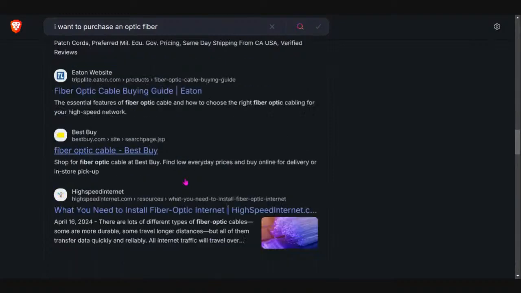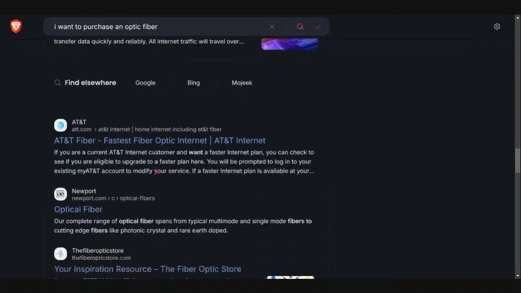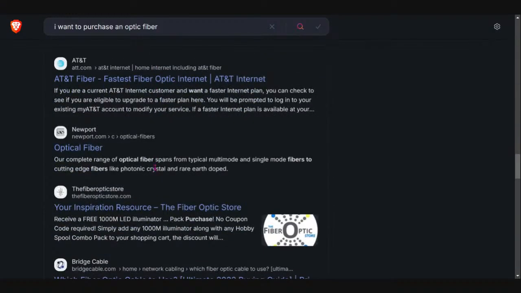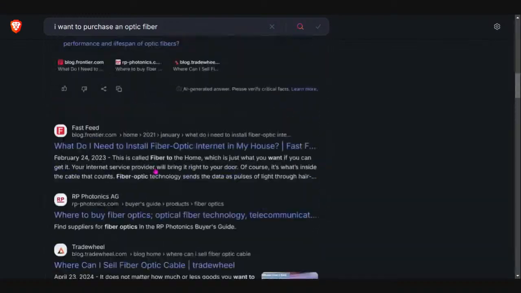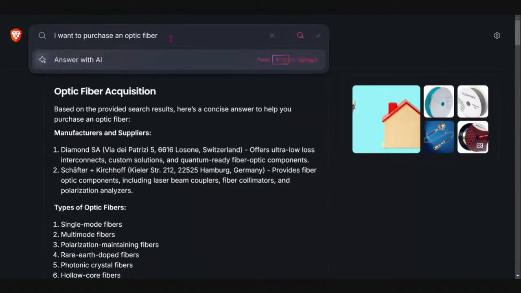Fiber optic. Maybe we can go just to Amazon. There it is. There's a picture. Install. I don't want to install. Optical fiber. I just want to buy optical fiber. So they call it optical fiber.